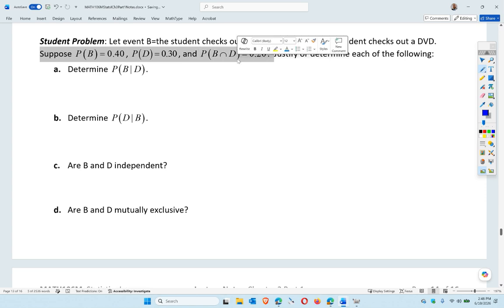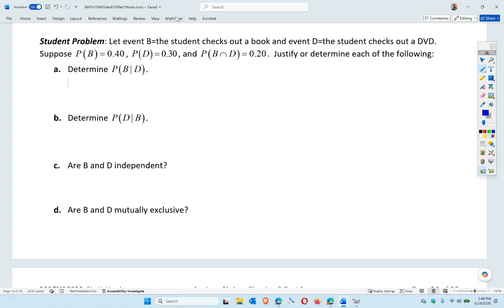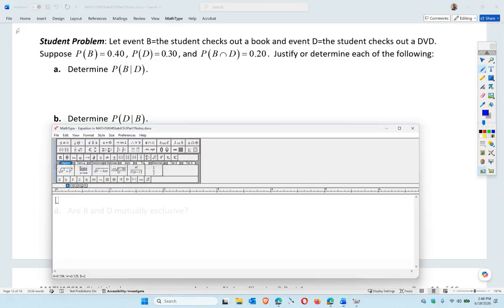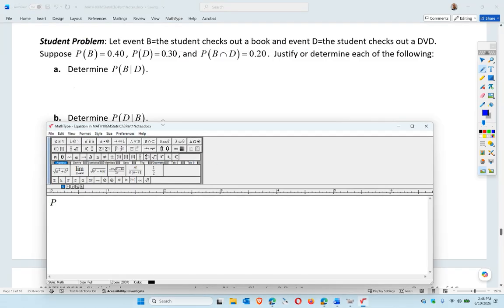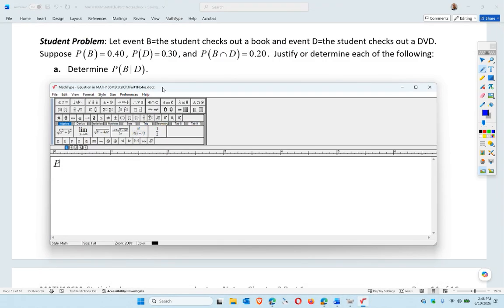So determine the probability of B given D. Okay, so the probability of B given D equals, right, so we need the fraction. We'll put this on top. Okay, so we'll do B and D there. I want the probability of D right there.